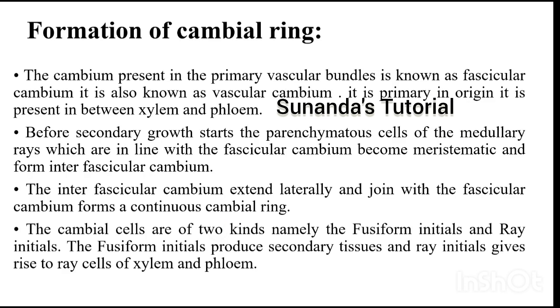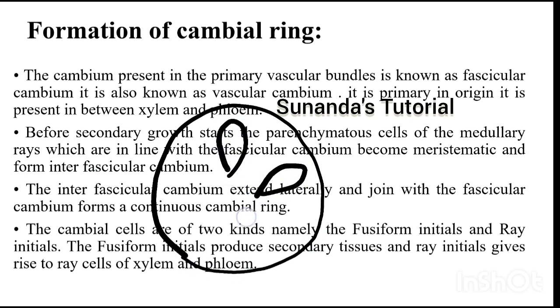At first, formation of cambial ring. Suppose this is the stem and these are vascular bundles. In case of dicots, cambium is present between the xylem and phloem. During secondary growth, at first this cambium joins with each other and forms a ring.